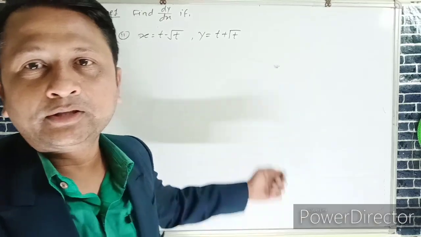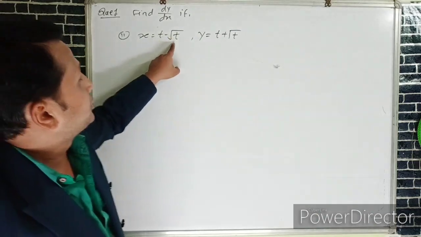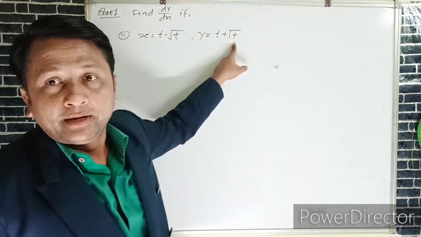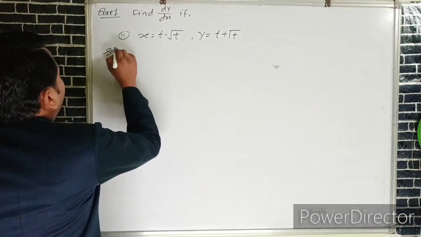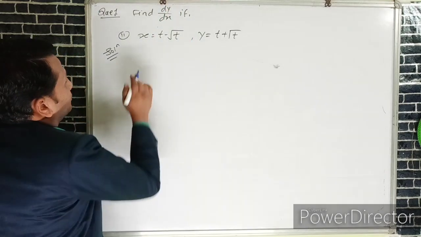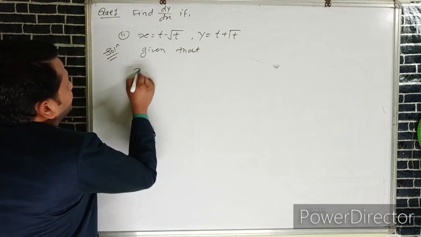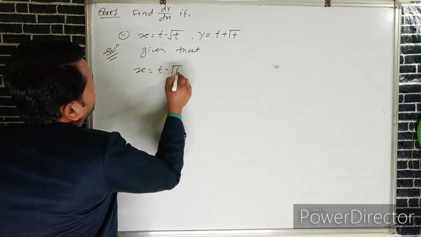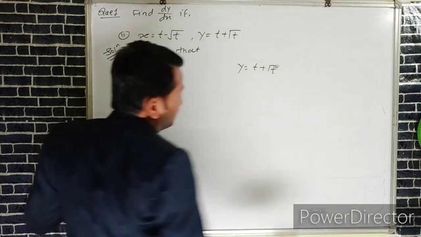Now the given function is also in parametric form. Here x is equal to t minus root t, y is equal to t plus root t. Again here t is a parameter. To find the derivative dy by dx, we first take the given functions: x is equal to t minus root t and y is equal to t plus under root t.